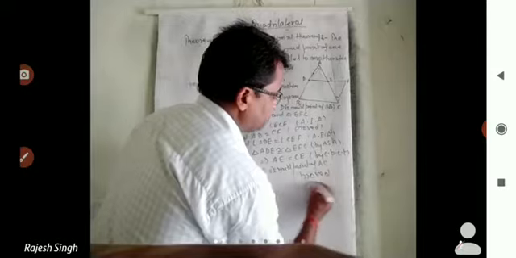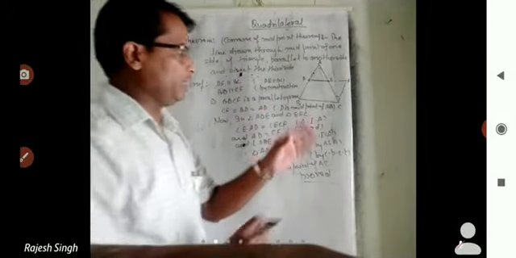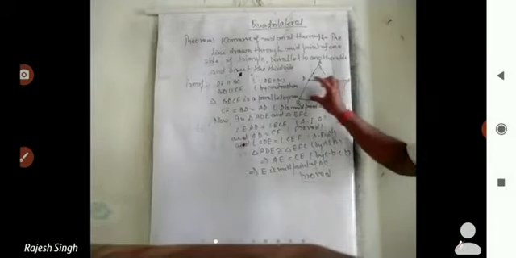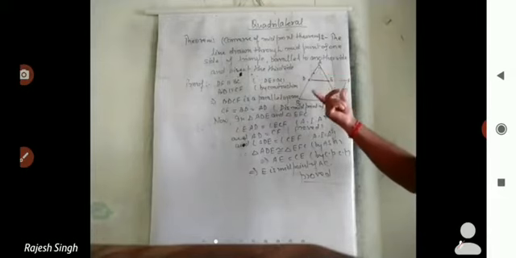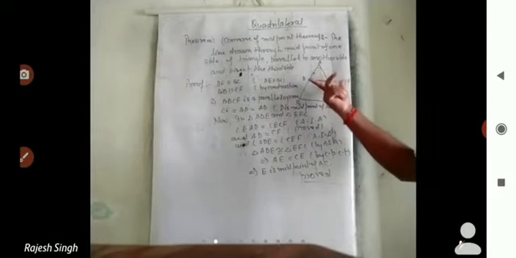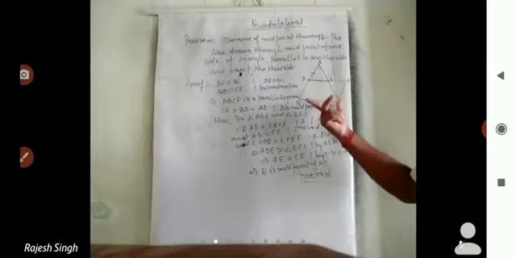Then, what I have done here: first, by construction, CF is parallel to BD, and DF is parallel to BC already, by the midpoint theorem.